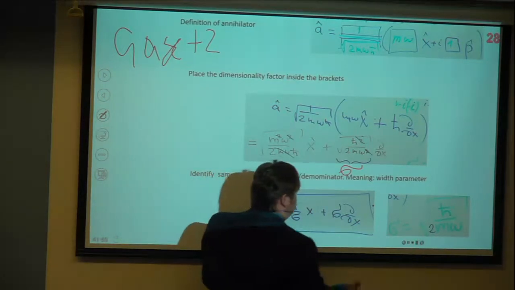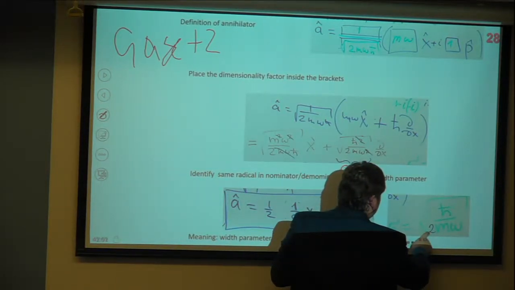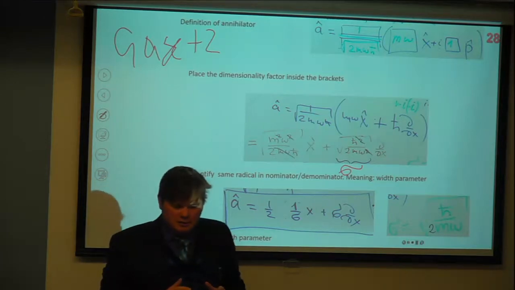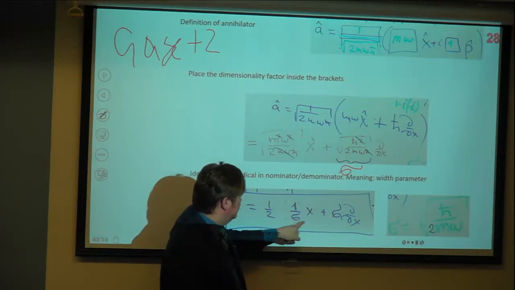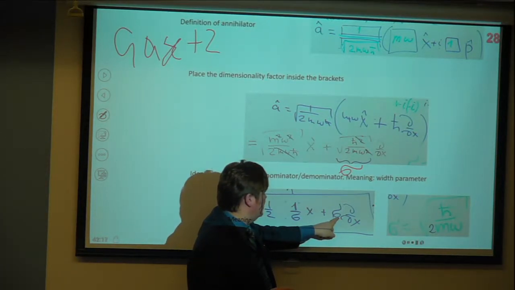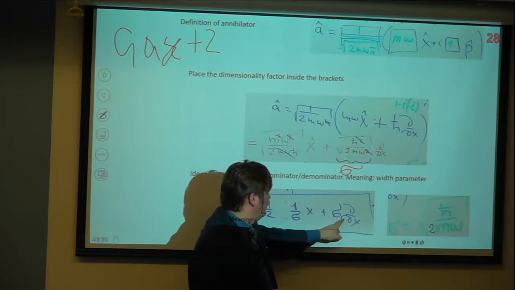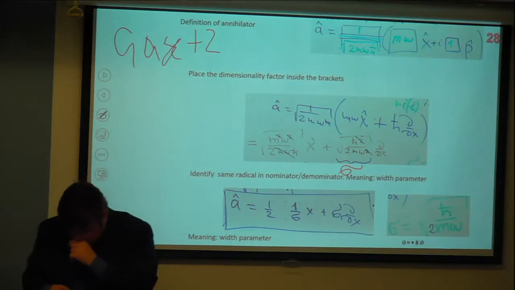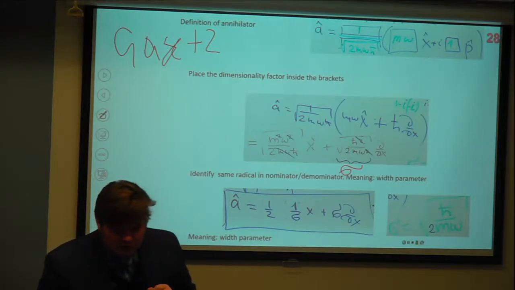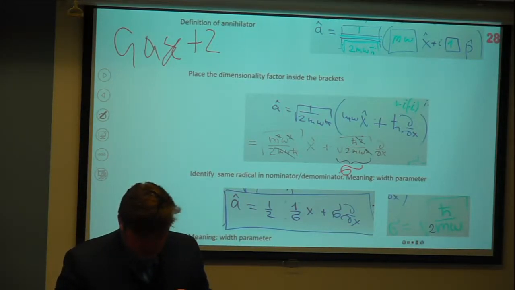So if we make the definition of this parameter, which relates to the width of the ground state of the harmonic oscillator, then the annihilation operator can be set in terms of position and momentum multiplied by either the width or 1 over the width. By the way, we already practiced such a trick when we first used the annihilation operator for deriving the ground state of the harmonic oscillator.